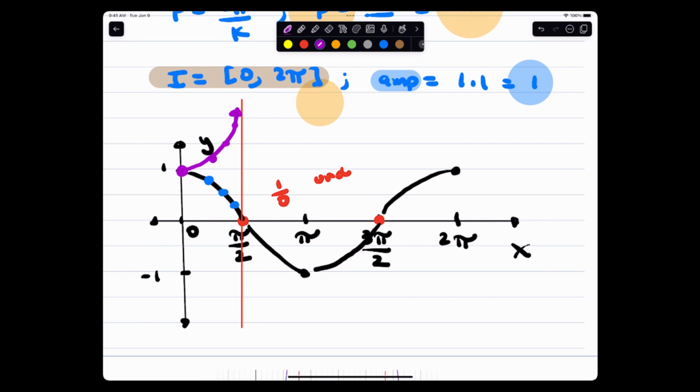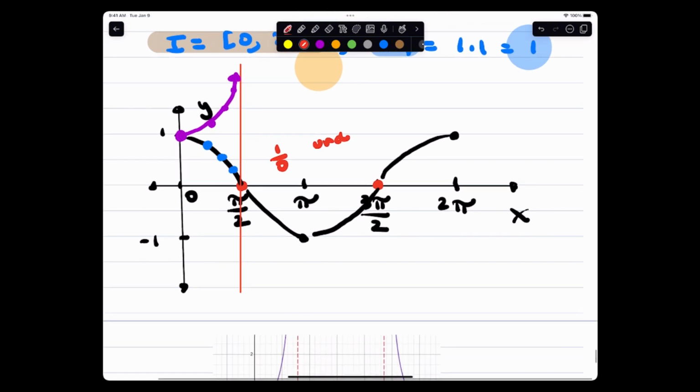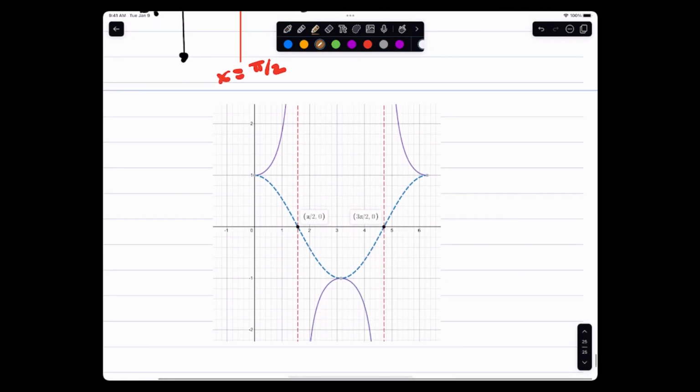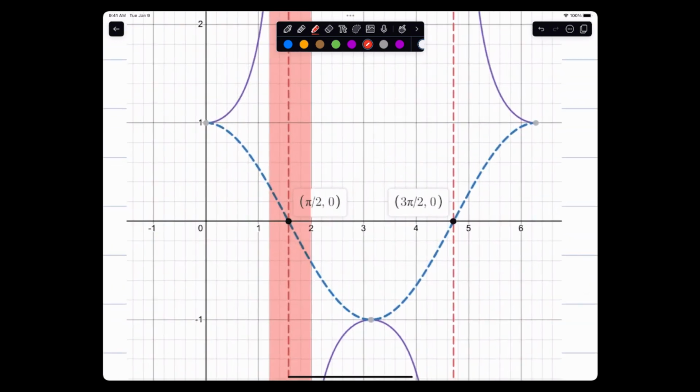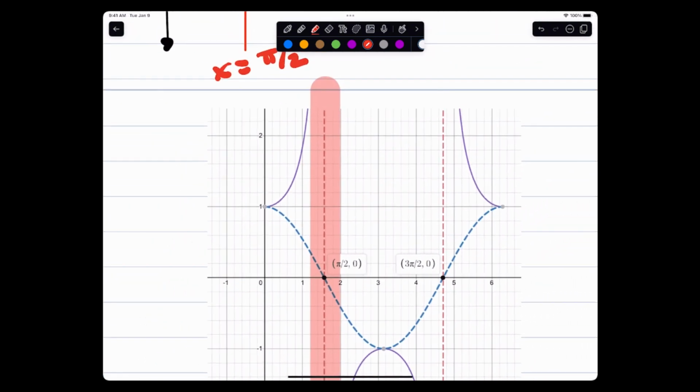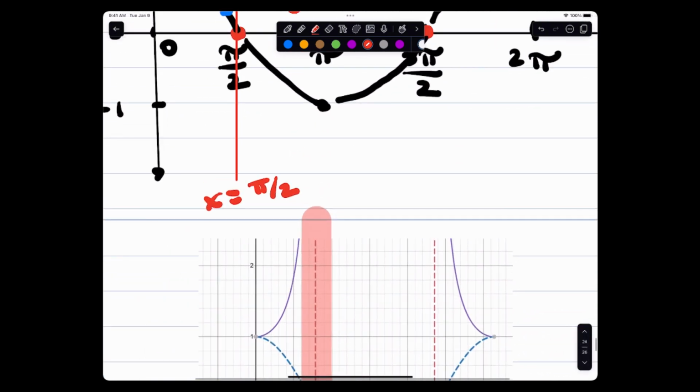And that's why it's a vertical asymptote for secant. That happens at x equals pi over 2. That's why you see this line here that I put for you guys. At x is pi over 2, this is where the cosine value of the function is 0. So you have a vertical asymptote for secant.